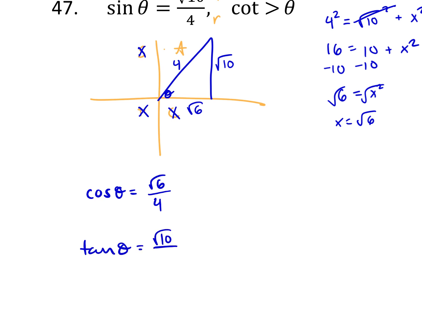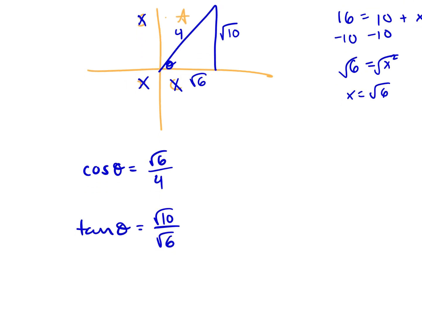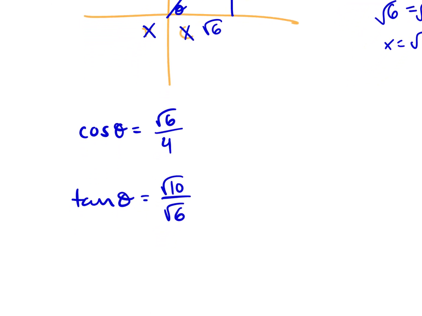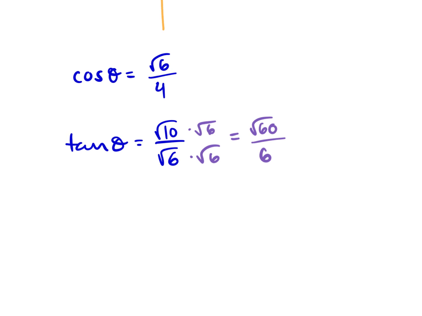Square root 10 over square root 6. Can I leave it like this? No. Multiply the top and the bottom by square root 6. So this would be square root 60 over 6. We can simplify this. Let's see, what are 2 factors of 60? 6 and 10. 2 factors of 6: 2 and 3.